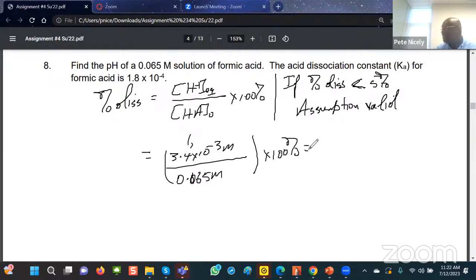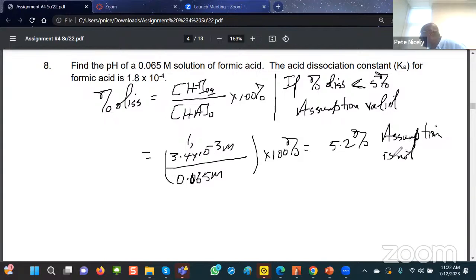And when I did that, the answer I got is 5.2%. So what that tells me is that the assumption is not valid. So what does that mean? That means we have to go back to this equation right here.